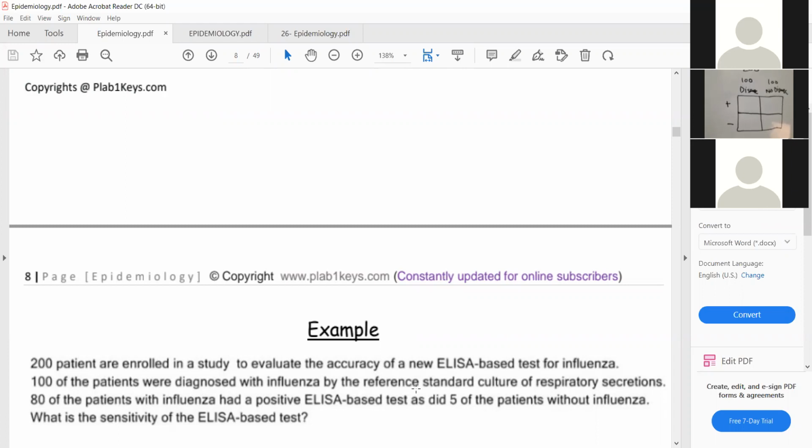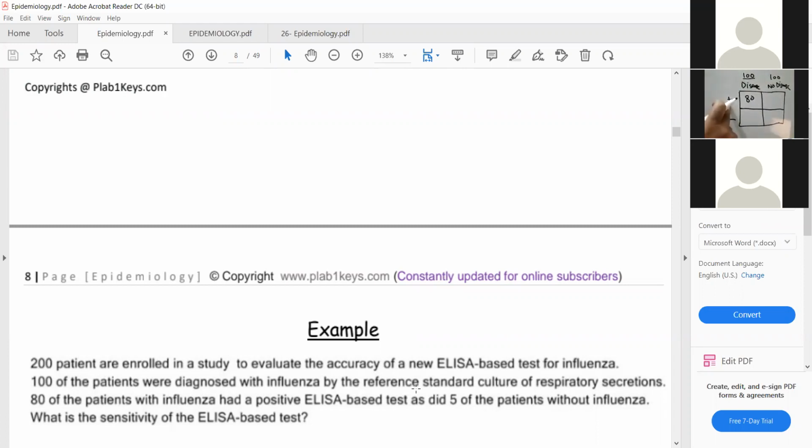Now, out of these 100 patients, 80 of the patients with influenza had a positive ELISA-based test. So out of these 100 patients, 80 had a positive ELISA test.